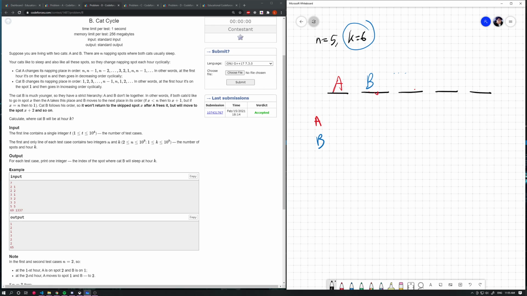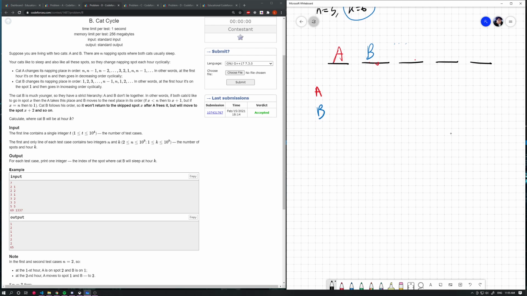So the first thing to notice is that let's say there's an even amount of slots. A starts from the back and B starts from the front. Let's just simulate.